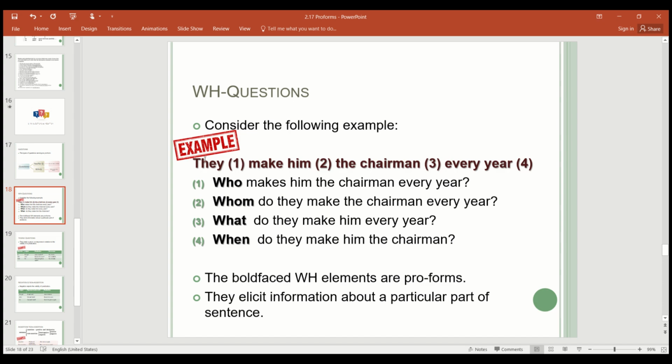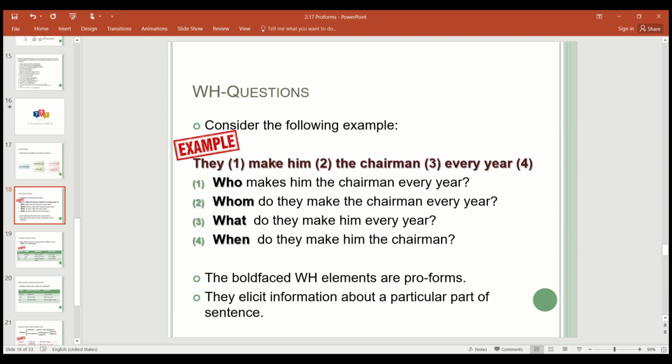For example, if you're asking about number 1, which is the subject, an animate being, a person, you should use who. So the question would be, who makes him the chairman every year? And if you notice, the subject is deleted. You omit it from the sentence because it is replaced with who.